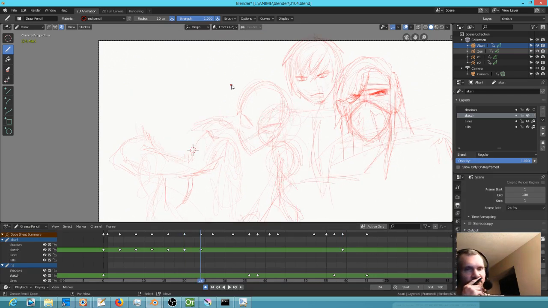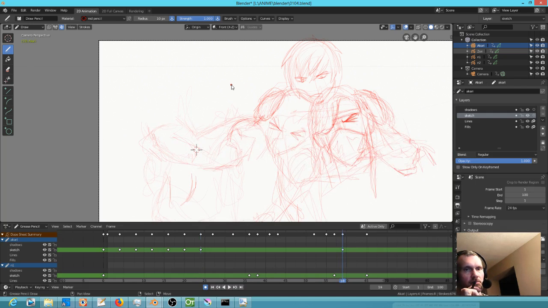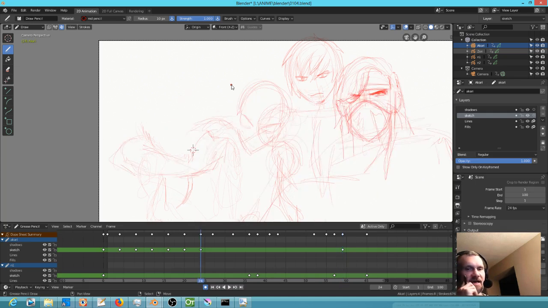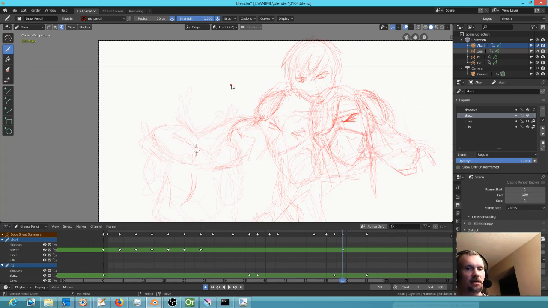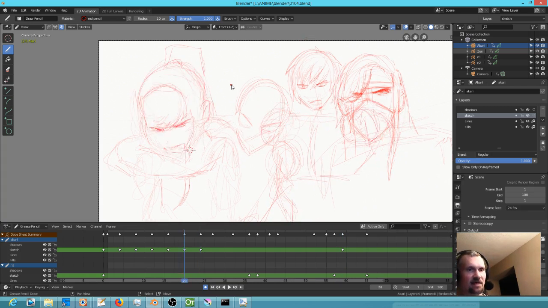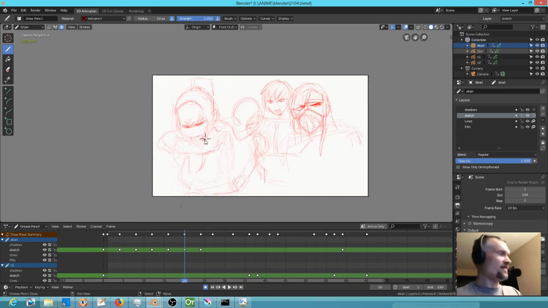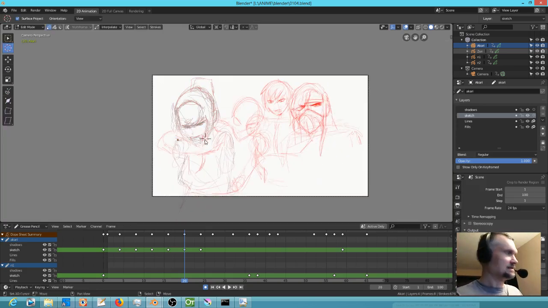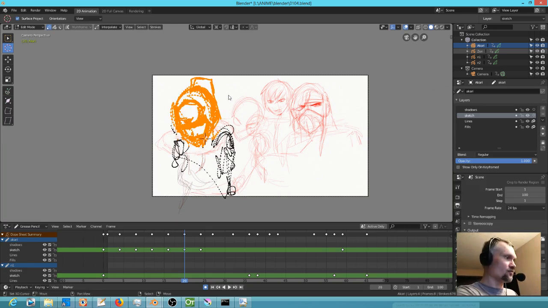Okay, so this seems to be a thing I'm noticing. I create a new key and I erase some stuff, but it's actually getting erased from the previous key. Now that's not a big deal because I can copy that pose from this keyframe, which I'll go ahead and do right now, but that is not correct behavior, I'm really sure.